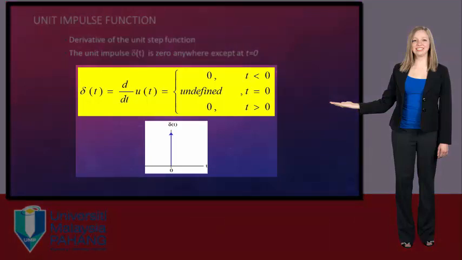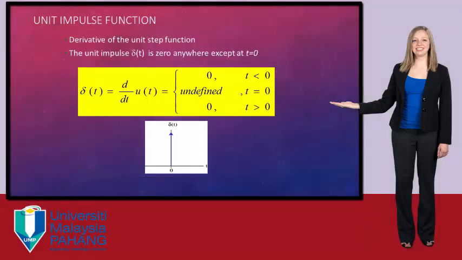Other than that, the unit impulse equals 0. A system impulse response is defined as the output signal that results when an impulse is applied to the system input. One way of introducing the unit impulse is to define it as the derivative of the unit step function.